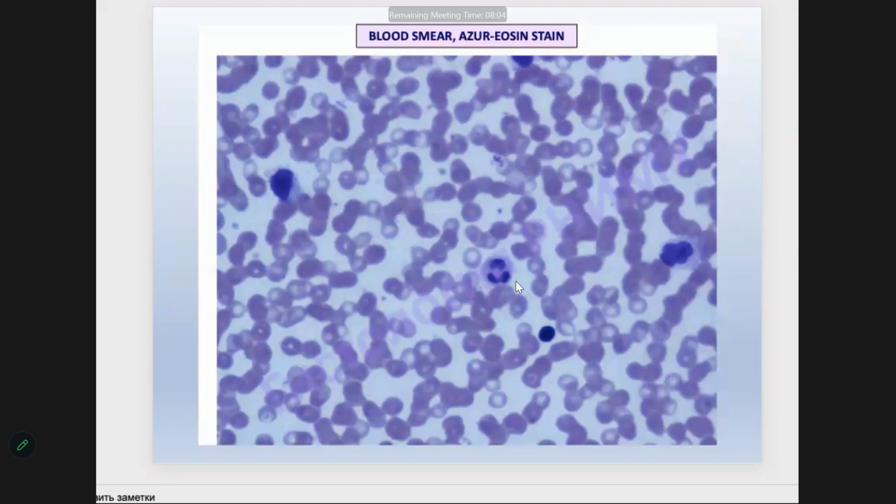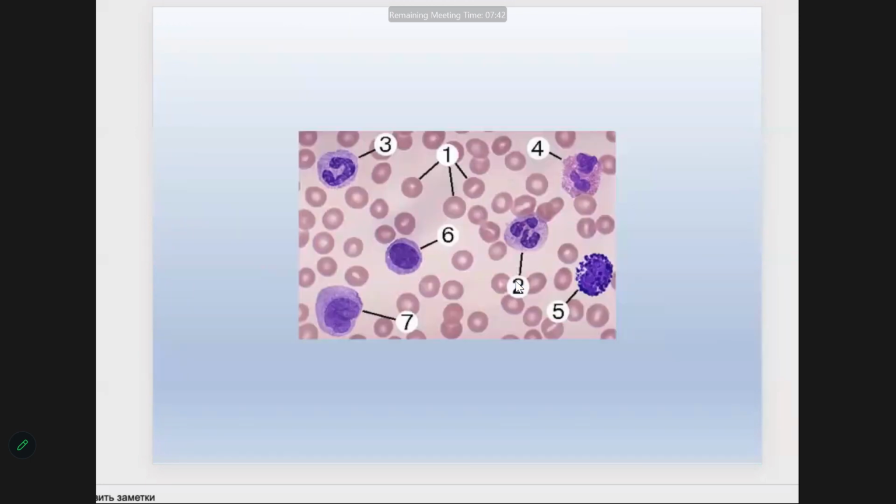In your practice class, you should look at the blood smear and recognize the different kinds of formed elements in the blood according to their morphology. Look at this.